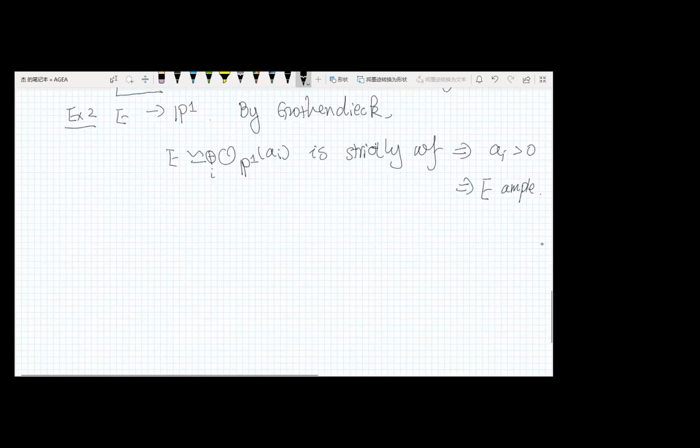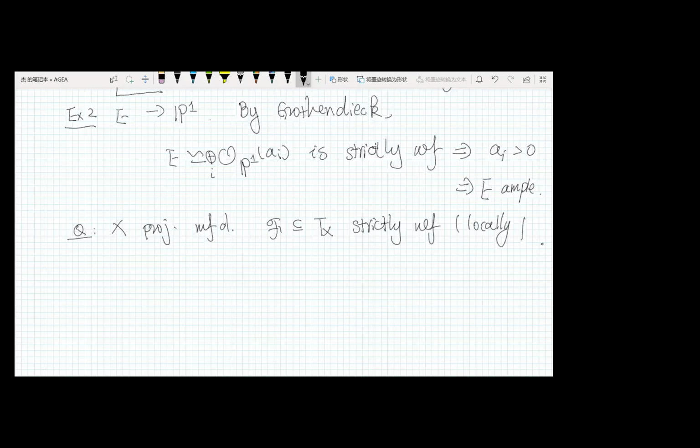Now the question is, let X be a projective manifold, and consider F to be a strictly nef, locally free subsheaf of the tangent bundle of X. What can we say about the geometry of X?